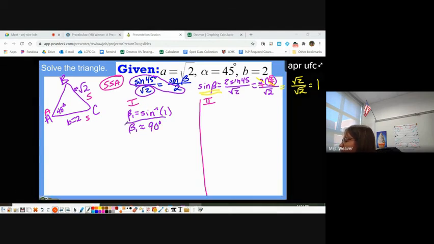Now, I want to show you that if we had not done that by hand, the calculator would have had enough round-off error that we wouldn't have realized this was a right triangle. Let's put this in our calculator like we did on the others. So we're going to do sine inverse of 2 sine 45 over root 2. We're going to put this expression in the calculator and see what we get.